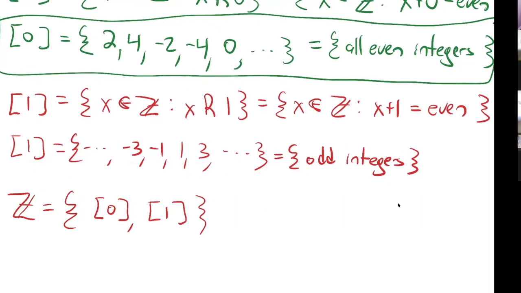I can write the set of equivalence classes as the equivalence class of 0 and the equivalence class of 1. And again, there's nothing special about why I chose 0 or 1. I could pick any representative element from those equivalence classes. I could pick any even integer as my representative for the equivalence class of 0, and any odd number for the equivalence class of odd things.